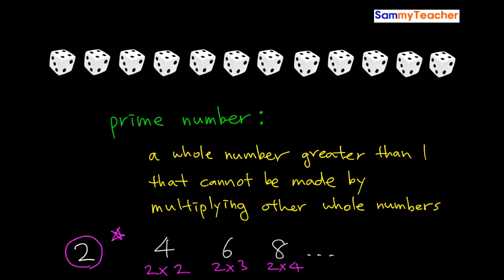However, not all of the odd numbers are prime numbers, because odd numbers like 9 or 15 can be made by multiplying other whole numbers. For example, 3 times 3 is 9, and 3 times 5 is 15. So all the even numbers except 2 cannot be prime numbers, and some of the odd numbers cannot be prime numbers.